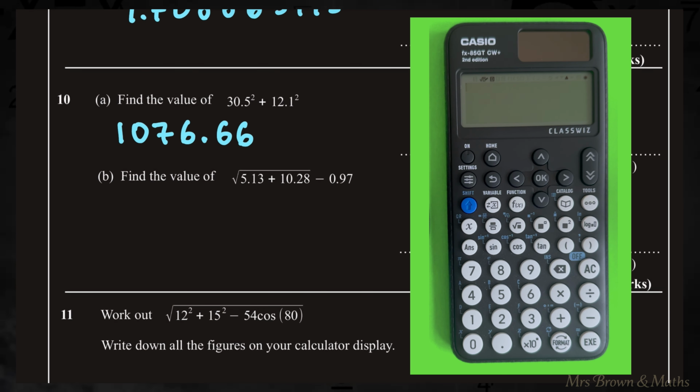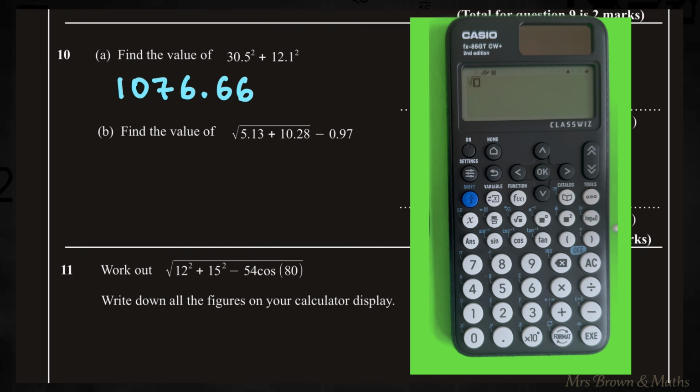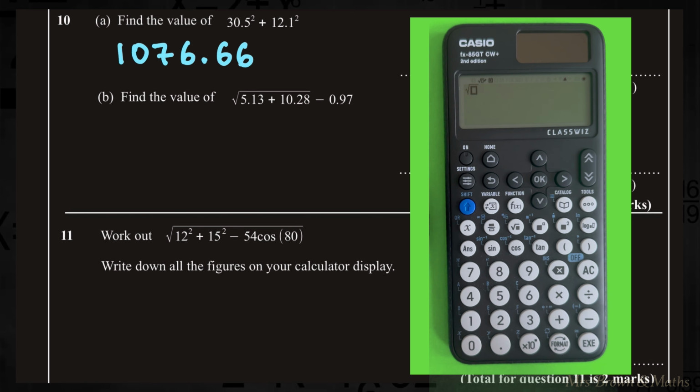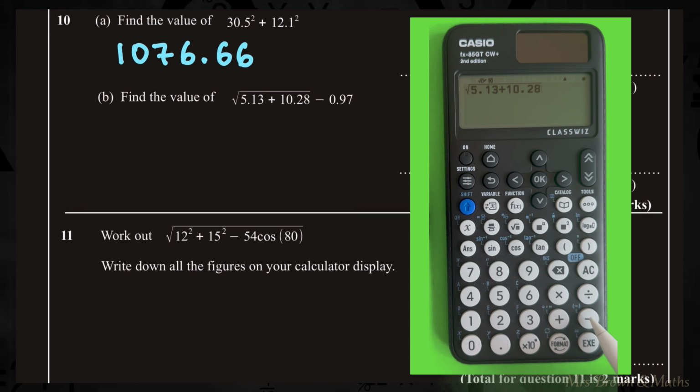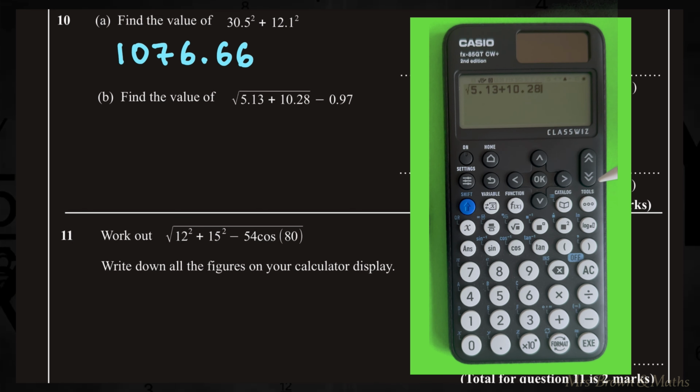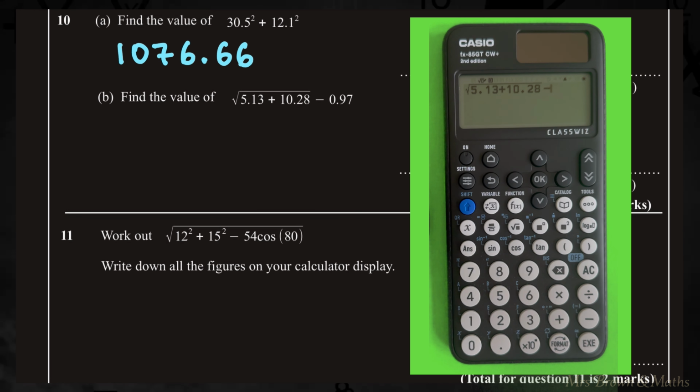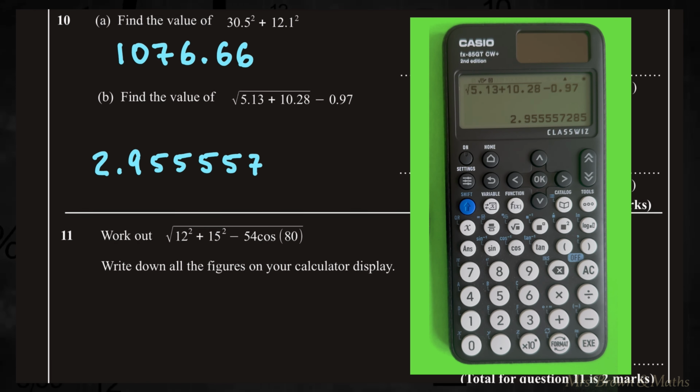Task B, square root, (5.13) plus 10.28 minus, oops, my fault, I need to leave the square root, so I use this arrow, and then I put minus 0.97 equals 2.955557285. Done.